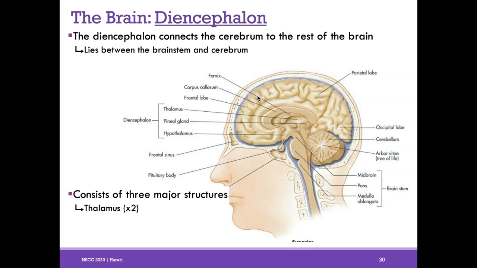We have the thalamus, the hypothalamus, and the pineal gland, or the epithalamus. This diencephalon is in the middle of the brain, not to be confused with the midbrain. The diencephalon is separate. It includes the pineal gland, which is the epithalamus, the hypothalamus, and the thalamus.